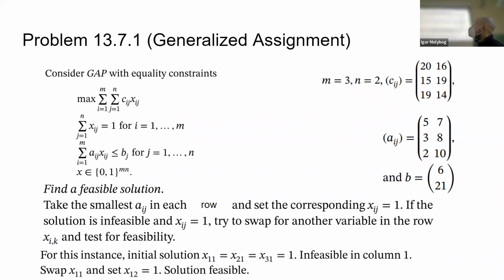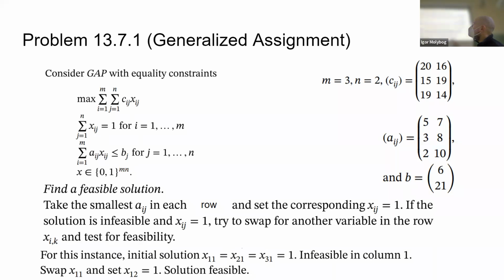The constraints require that in the matrix Xij, in each row you have a single unit and a single zero, like in the case of n equal 2, it's 0, 1 and 1, 0 for each row. If n is greater, then you have a single unit, and all other entries in a row are 0.